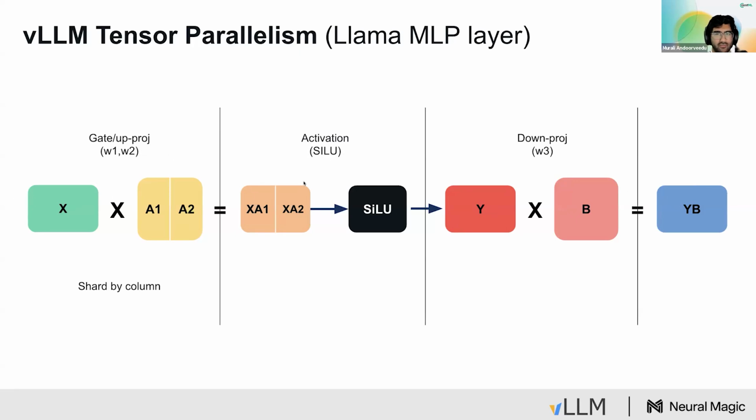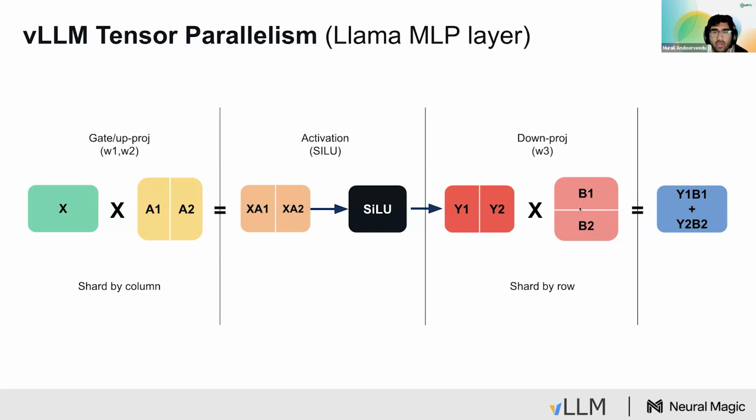And so the way we can employ some of those techniques is we can first employ column parallel here and split matrix A, right? And then when we get a result, we get 2 different pieces. And then each of these pieces, since the activation will just operate element-wise, we'll then be able to get the output here also sharded the same way.